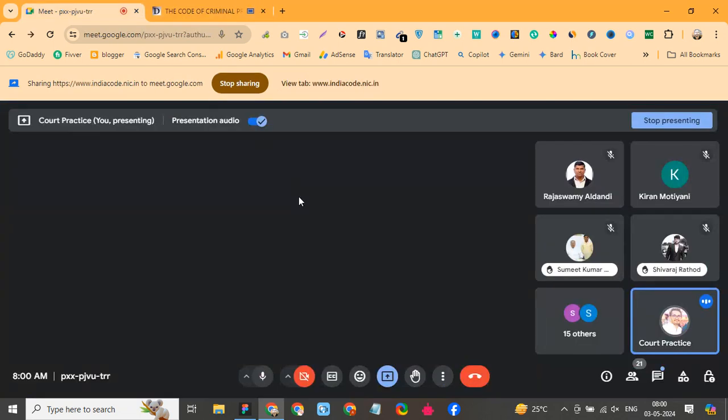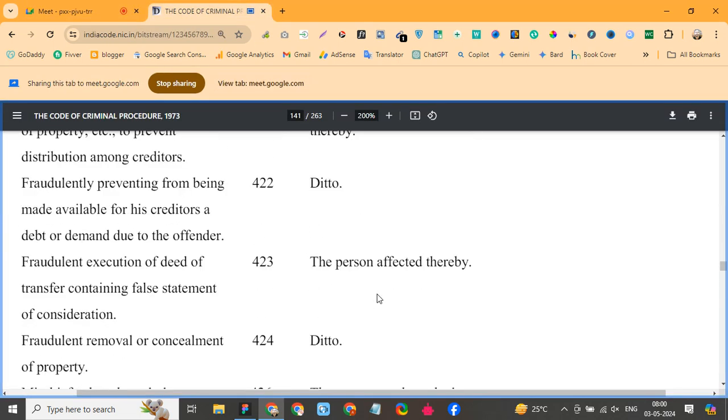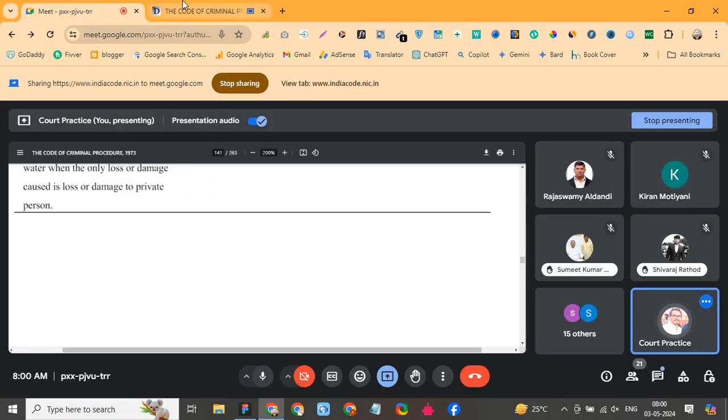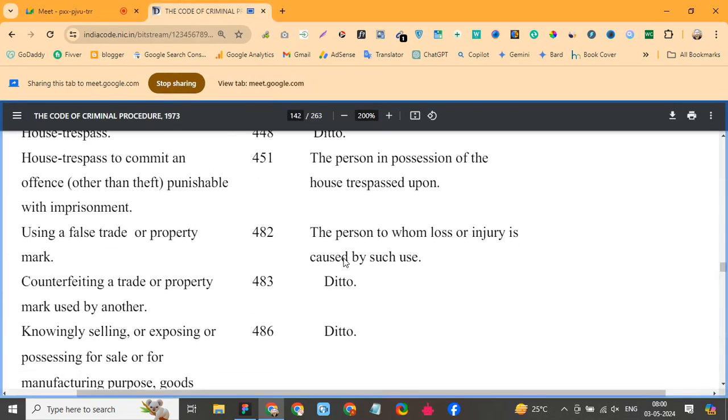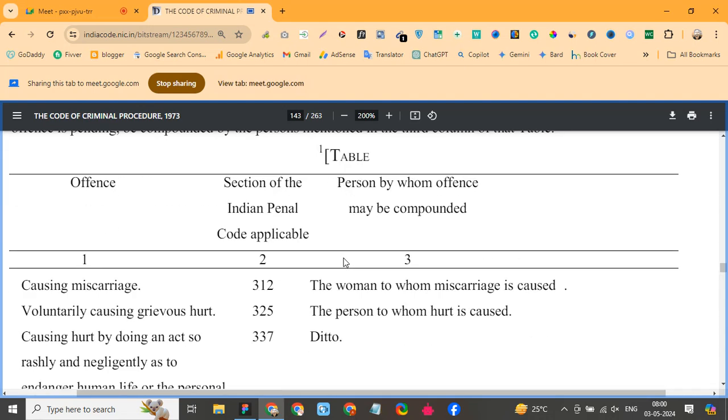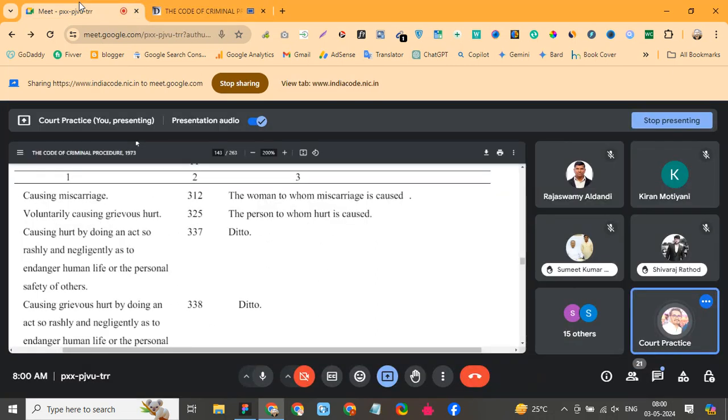Likewise, section 320 gives us information regarding some sections in which the victim can directly compromise with the accused, and some sections in which the victim may permit the compromise, but the court's permission is required, and only according to the court's permission is that person discharged from the section.